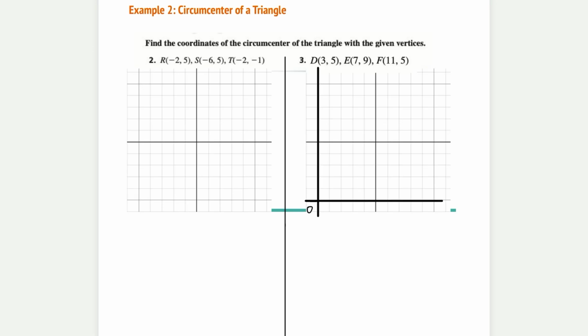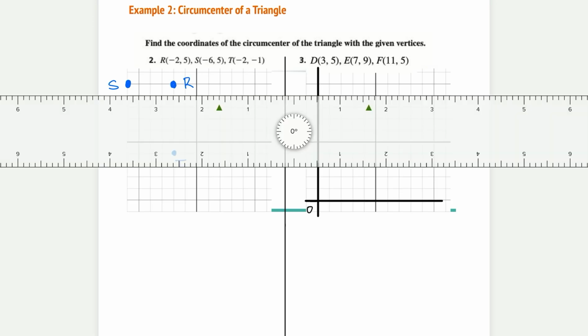Let's say the name of this point is R. And -6 and 5, this is point S. And also the other one is -2 and -1, and this point is called T.